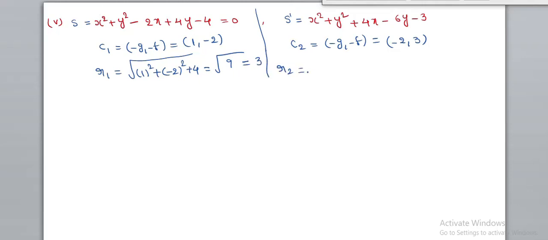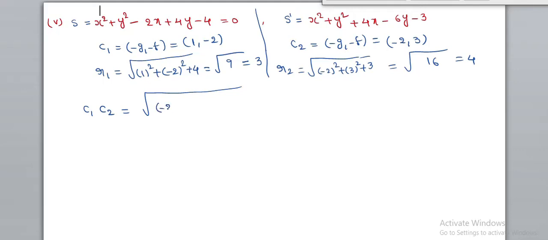Same, r2 is equal to the square root of minus 2 whole square plus 3 square plus 3, 4 plus 9 is 13, 16, that is the value 4. First, the distance C1 C2 is equal to the square root of (minus 2 minus 1) whole square plus (3 plus 2) whole square. So the square root of 9 plus 25, root 34. Root 34, the nearest root 34.